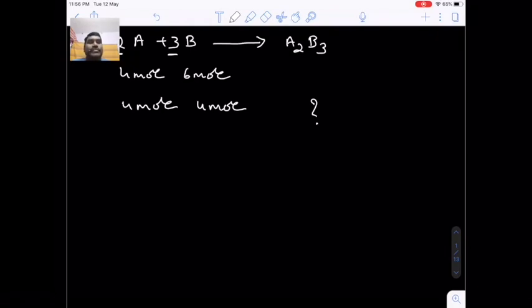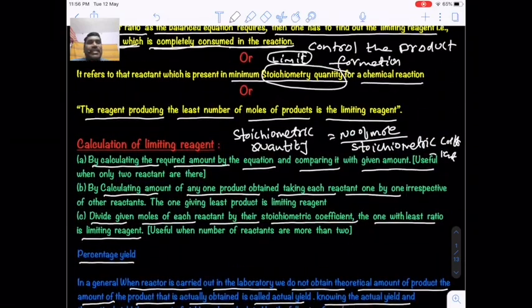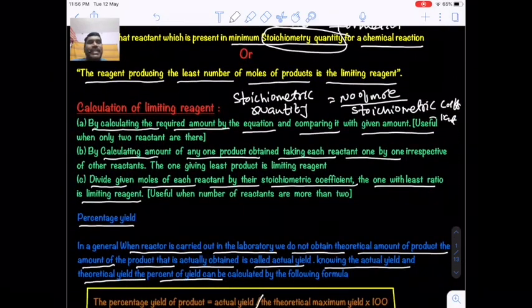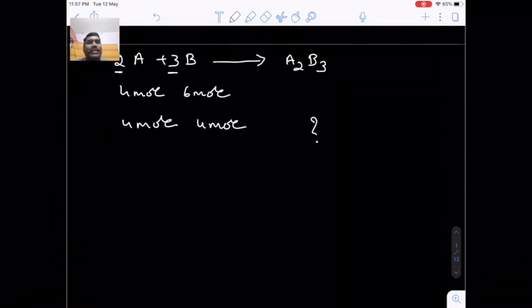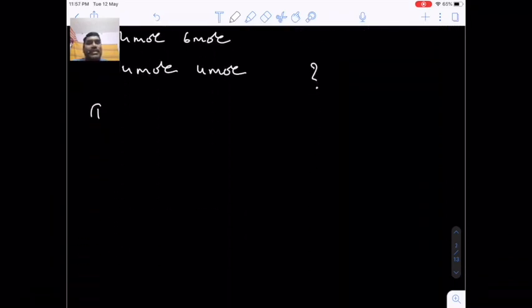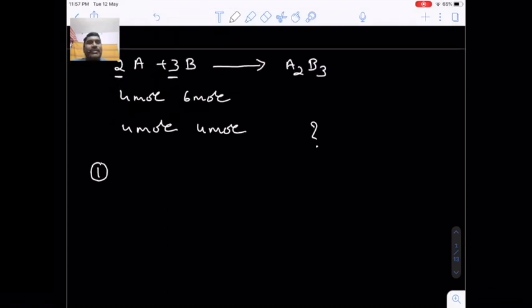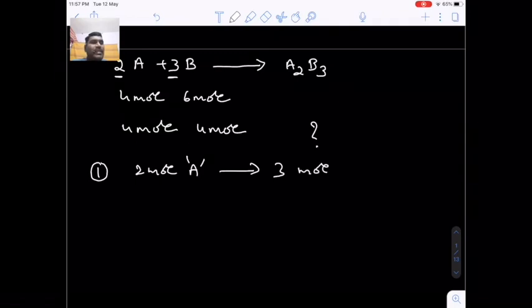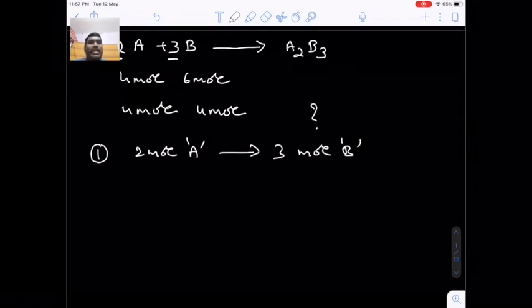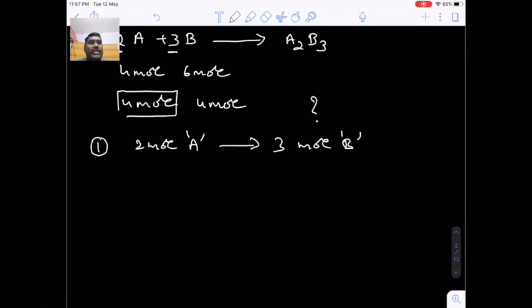Here, there are 3 methods to identify the limiting reagent. So let's see one by one. Number 1: as per the standard equation, 2 moles of A are required to react with 3 moles of B. But here in the given question, how many moles of A are given to you?